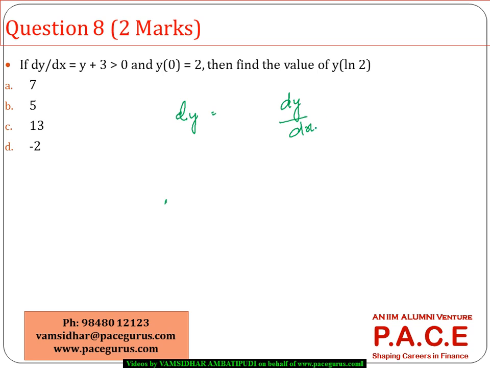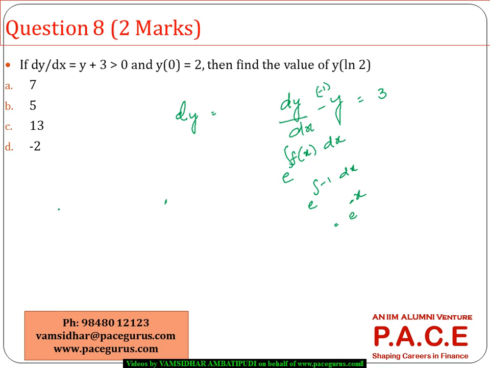Just to get a hold on it, I have used this model again. Dy by dx minus y is equal to 3. So if this is always of this form, we can use the multiplication factor as e power integral f of x dx. So f of x, I can think of it as minus 1. So it becomes e power integral minus 1 dx, which means e power minus x is the multiplication factor.